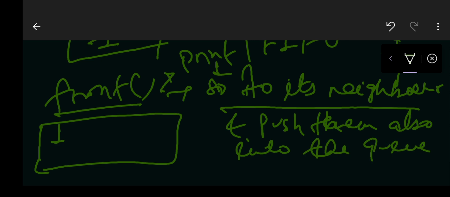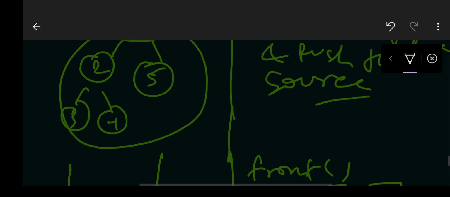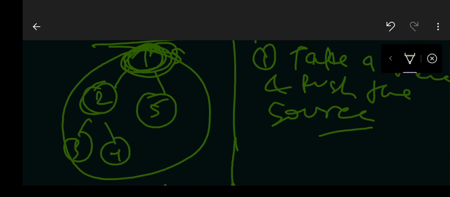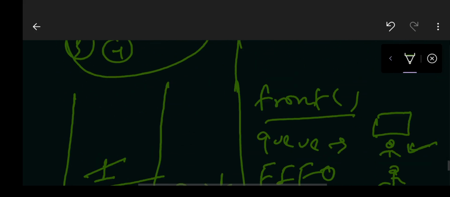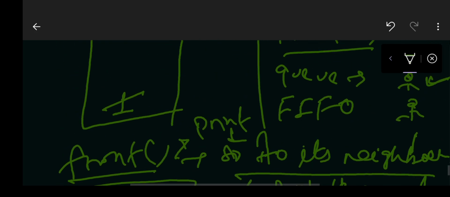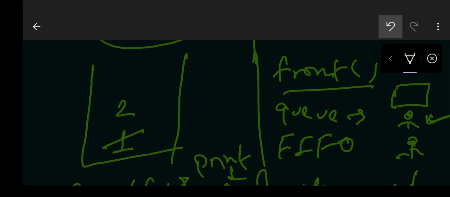So you went to 1 and then to its neighbors. 1's neighbors are 2 and 5, so we go to 2 and 5 and push them, but there is a condition: push them only when those elements are not already present. Before pushing 2, we check, is 2 already in the queue?